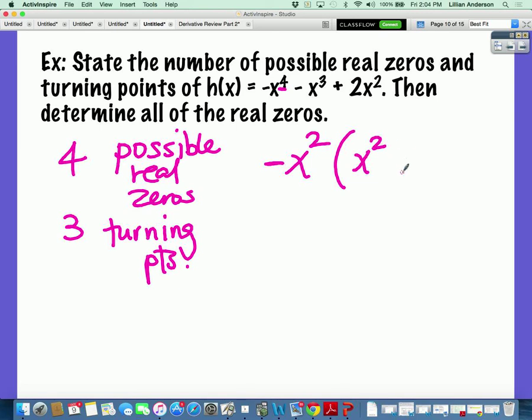And then I would have what after that? Plus x minus 2. Oh, that's cool. So when I take out a negative, it basically allows me to have a positive x squared on the inside instead of the negative. So that way when I factor, I don't have to worry about a negative anywhere. Does that make sense? Okay. So let's factor this.